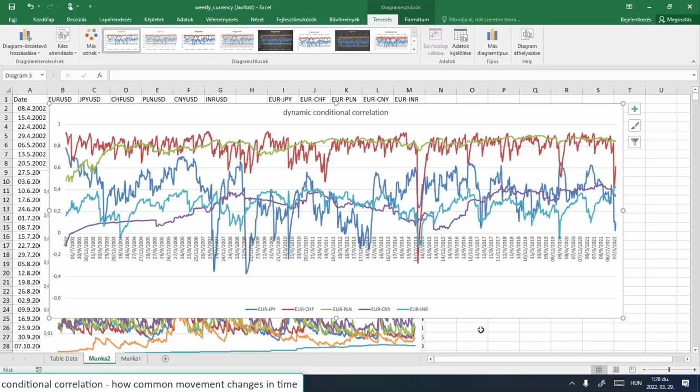Except when there are crisis periods, then this correlation disappears temporarily. But even if we look at far away currencies like the Japanese yen, we can still see that when business is usual, they have a tendency to walk hand in hand together.